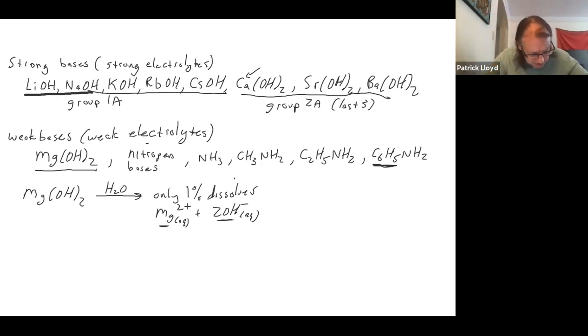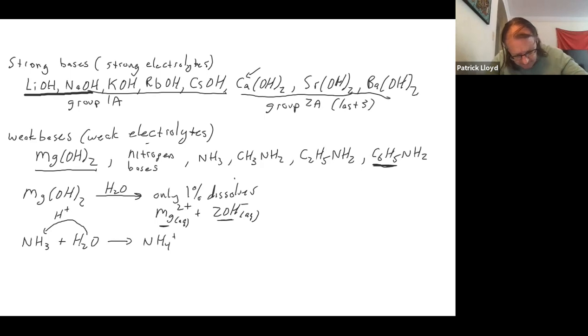The nitrogen bases, though, are a different phenomenon. In order to consider these a base, they have to actually react with the water, right? And when they react with water, the water transfers an H+, so you get this ammonium ion and this hydroxide ion. The reason this is a base is because you form a hydroxide. The reason it's an electrolyte is because you form ions that can conduct electricity. If you put in a mole of this, you're only going to get about 0.01 moles of these.